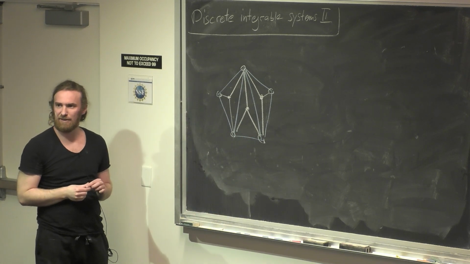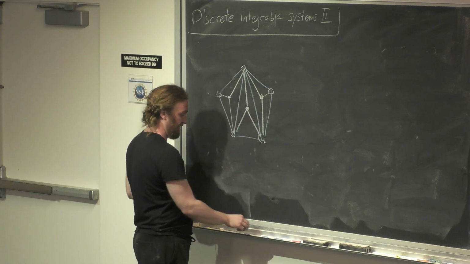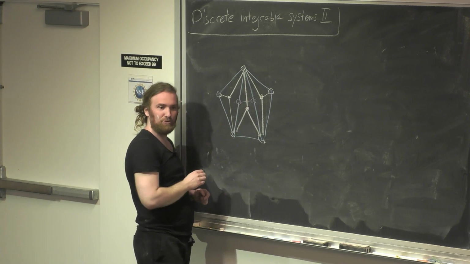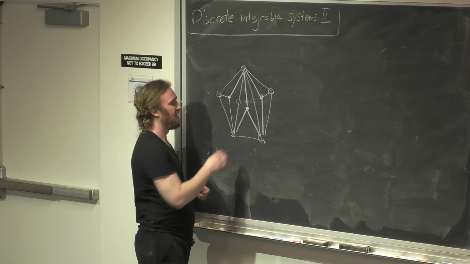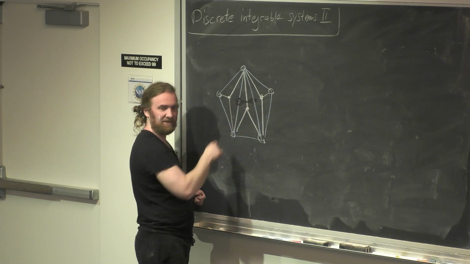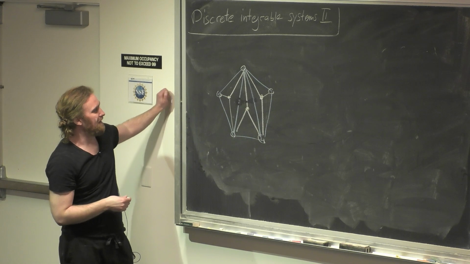Is that clear? The cluster variables would sit at the edges, and there would only be two internal edges, so only two non-frozen vertices in the quiver. But I stick now to the dimer model, I think.